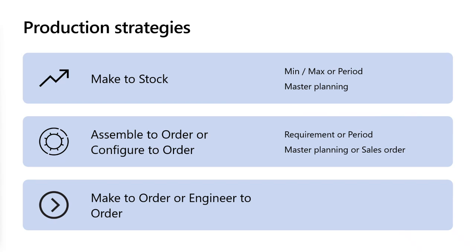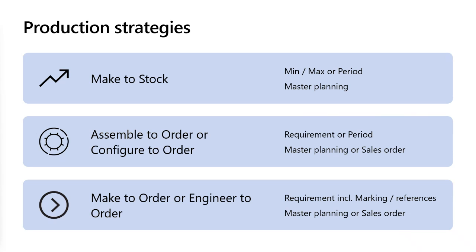For a make or engineer to order scenario, as there is an immediate order demand, the requirement is used to build the product based on the order. Usually also marking and references are used to reference the sales order with a production order.